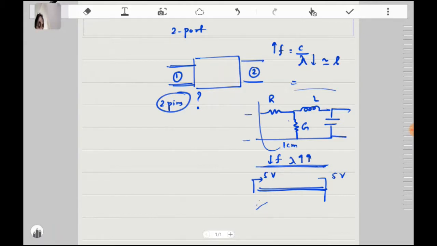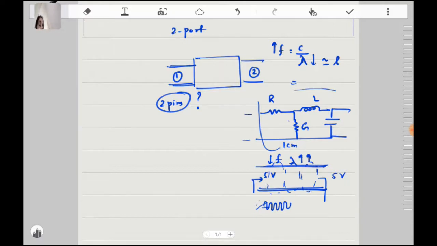But at a higher frequency, things get complicated. You have distributed elements here. Because the wavelength is small, the voltage and current are changing between the lines, so the impedance is changing. This impedance comes from the primary constants of the transmission line that we have seen.